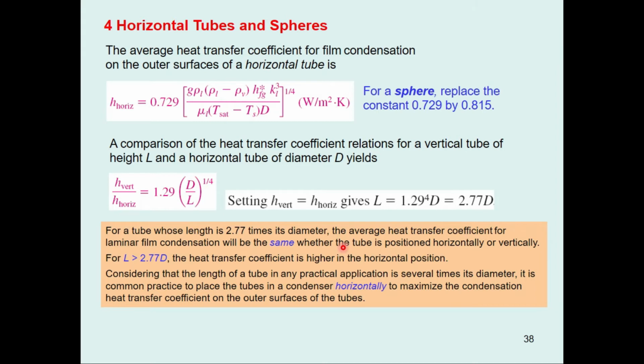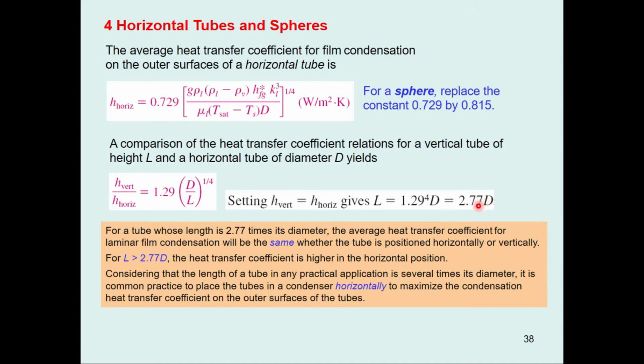So this expression says that the heat transfer coefficient will be the same if the length of the vertical tube is equal to 2.77 times the diameter of the horizontal tube. Then the laminar film condensation heat transfer coefficient will be the same.